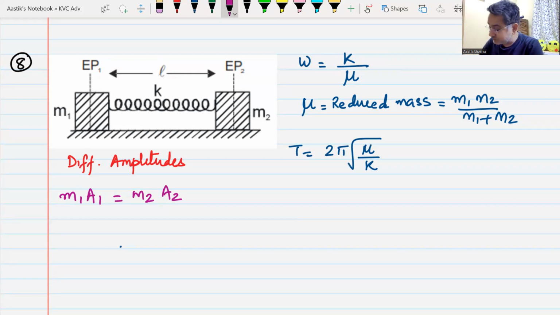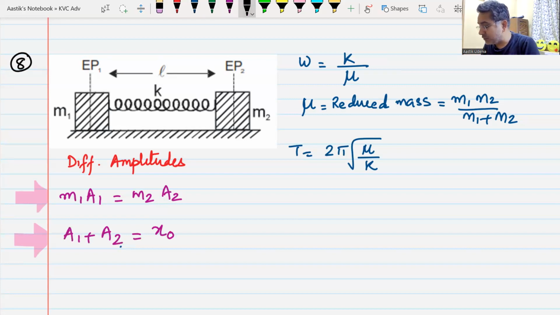So that is the first equation that you must remember here. The second one that you must remember here is A1 plus A2 will be equal to the initial compression or initial extension x0. You have to initially extend or compress it by some amount to start SHM. Using this equation, you can solve and get the value of A1 and A2.